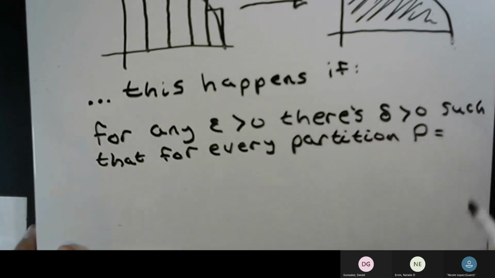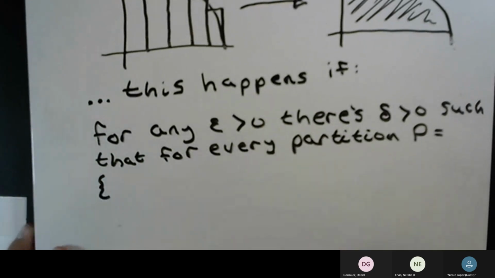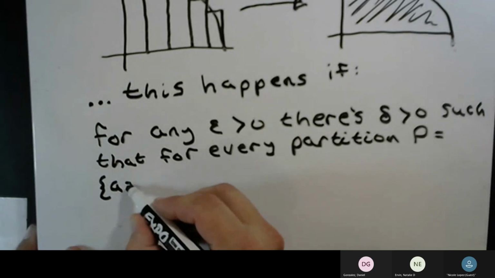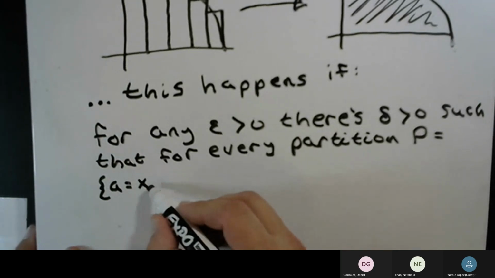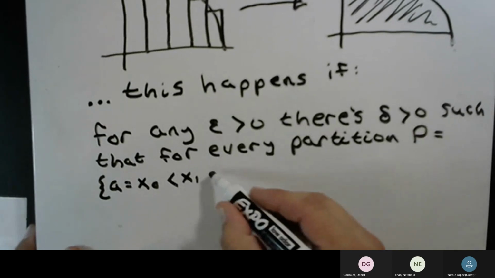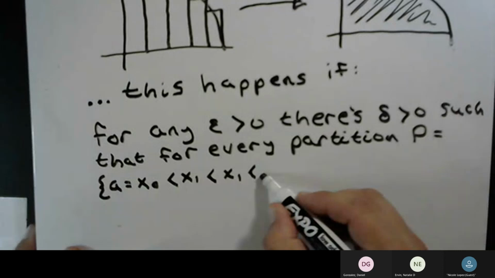P, and a partition, if you don't remember what that is, that's just taking the interval AB, where we'll let A be x0, and then we just choose points that break this up into subintervals.